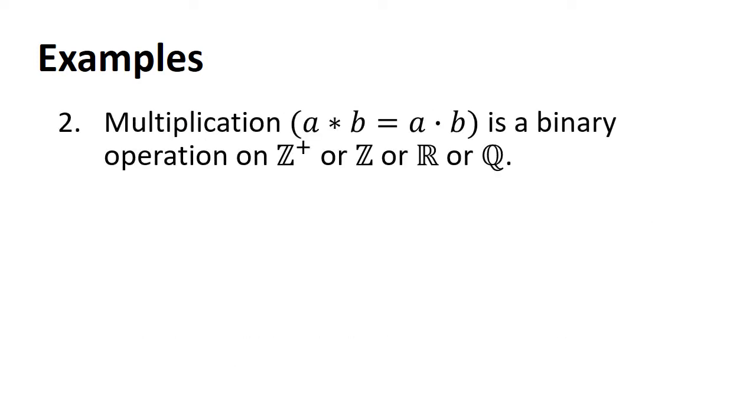Another example. Multiplication is a binary operation on the set of positive integers or real numbers or rational numbers.